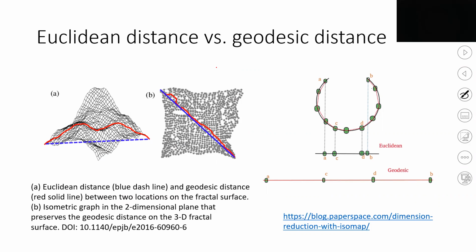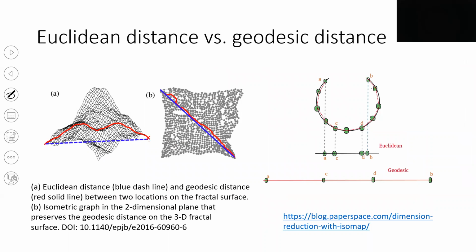So here is an example about geodesic distance against Euclidean. With Euclidean distance you consider one point to another, and the distance is like this, but in reality you have to follow the landscape, going uphill and then down through some valley. So your geodesic distance is much longer than Euclidean distance.